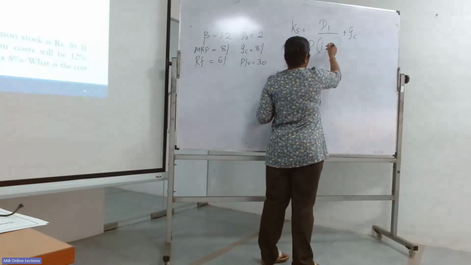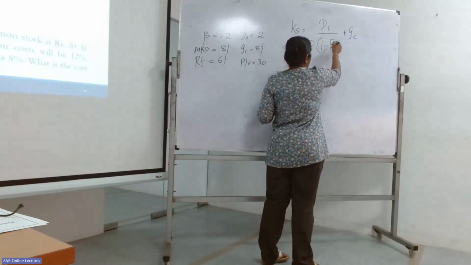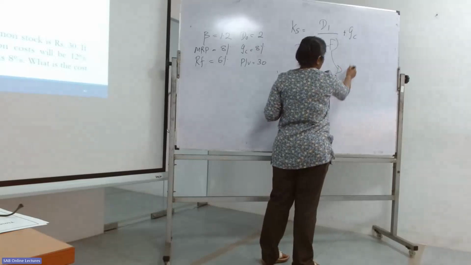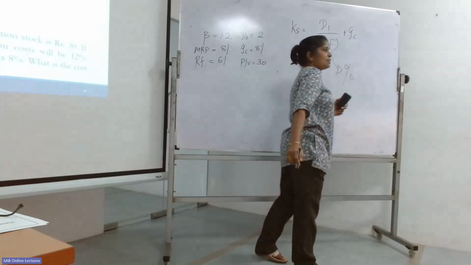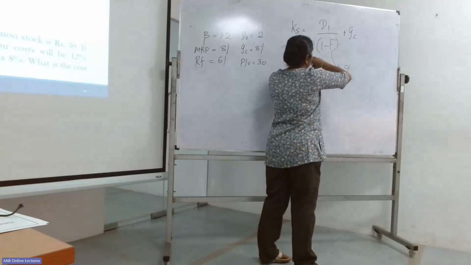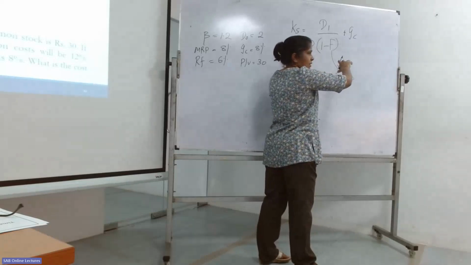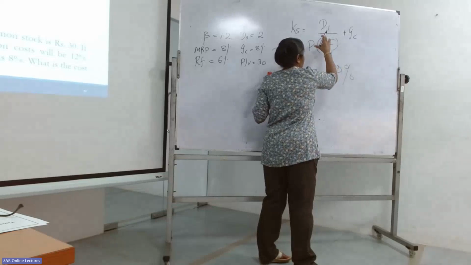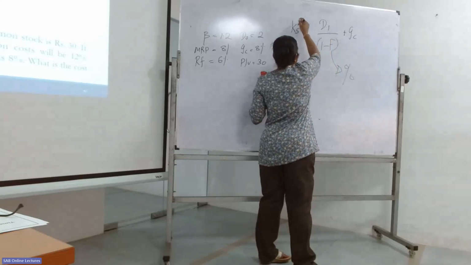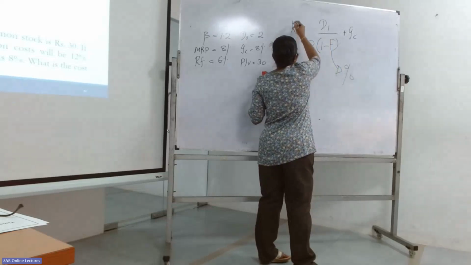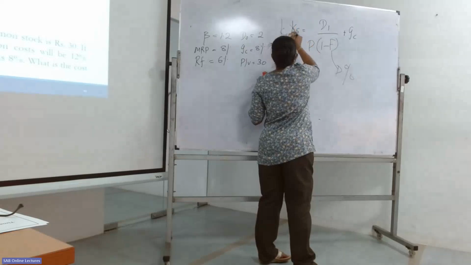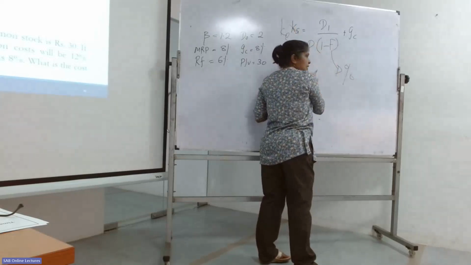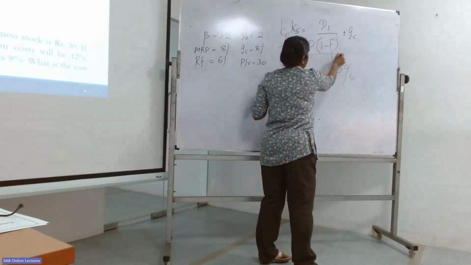So that is price multiplied by 1 minus flotation cost. Normally this flotation cost is provided as a percentage, so then you can calculate the net price after considering the flotation cost. You have to apply this if there is a new stock issue, then the cost of external equity, Ke, we can apply using this dividend growth model only with that difference.